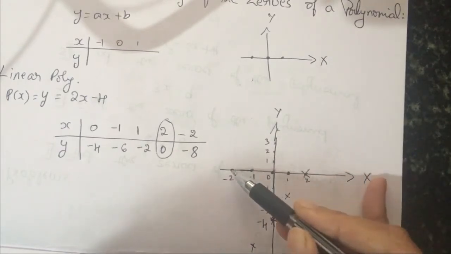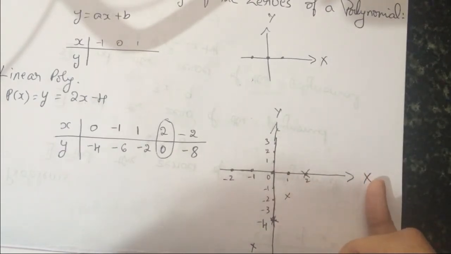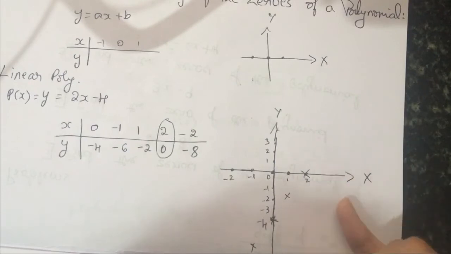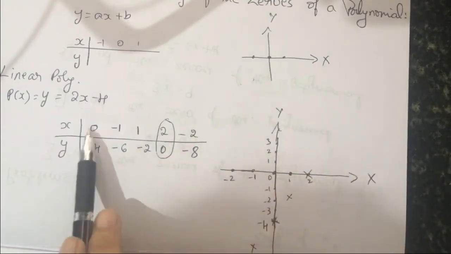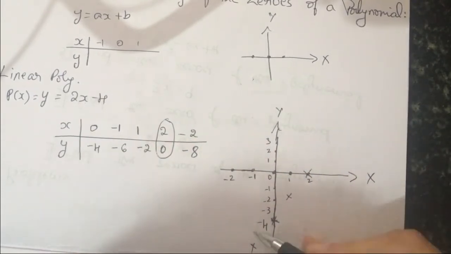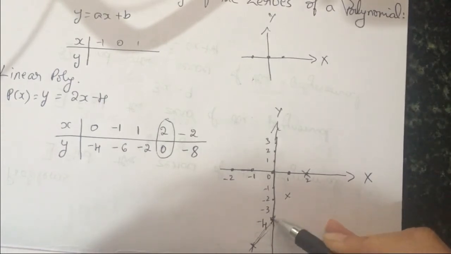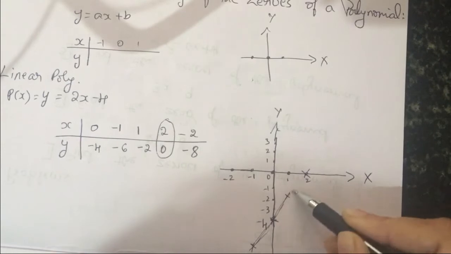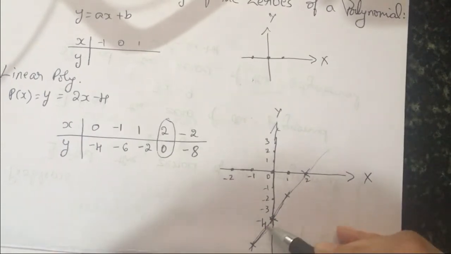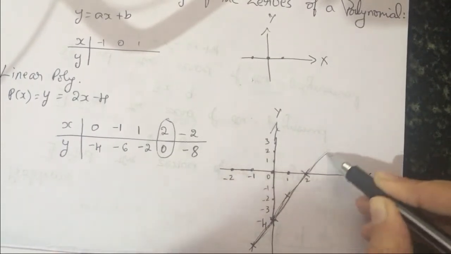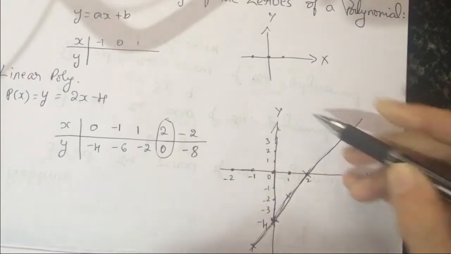When x is -2, it is -8, somewhere here. It's okay, no problem. We'll take up only these 4 points. So if I draw it like this, I have to join the points. It comes out to be a straight line.